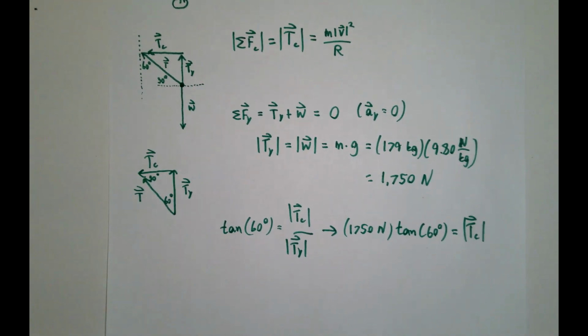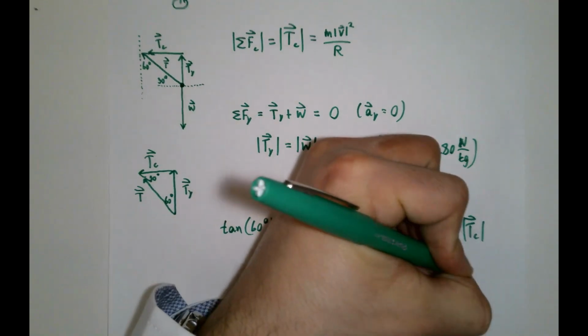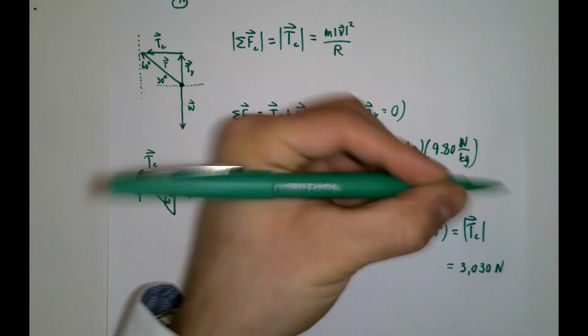I can calculate that real quickly. 1750 times the tangent of 60 degrees. All right, 3031.1. I have three significant figures here, so 3030 newtons of force.